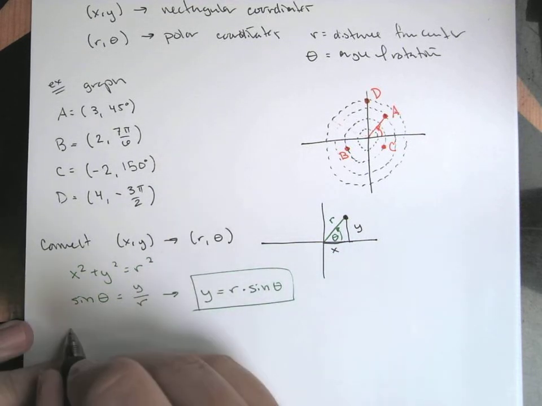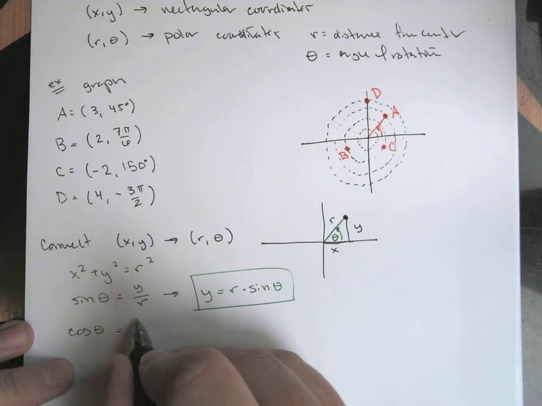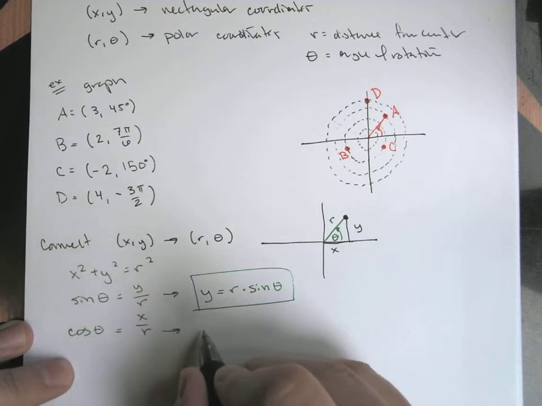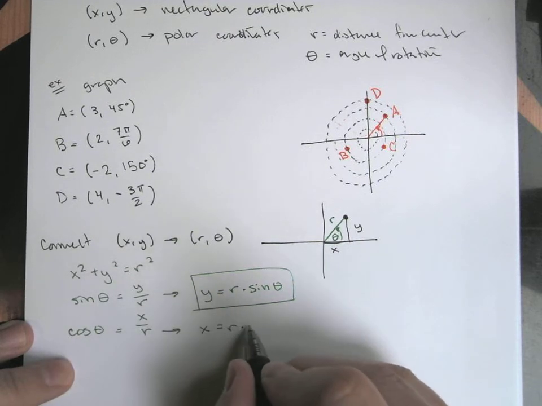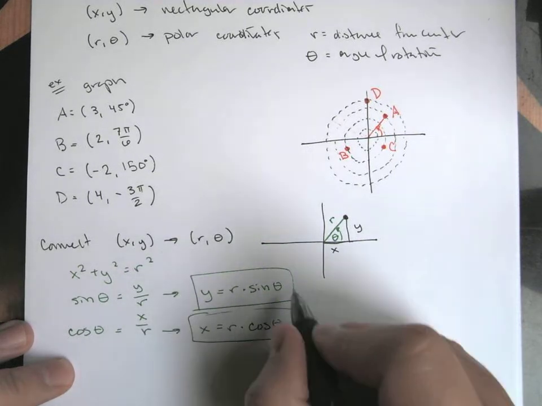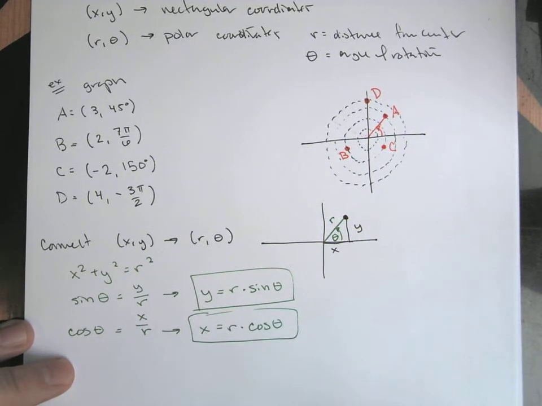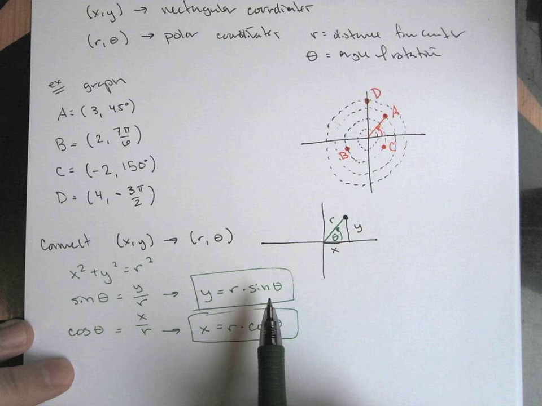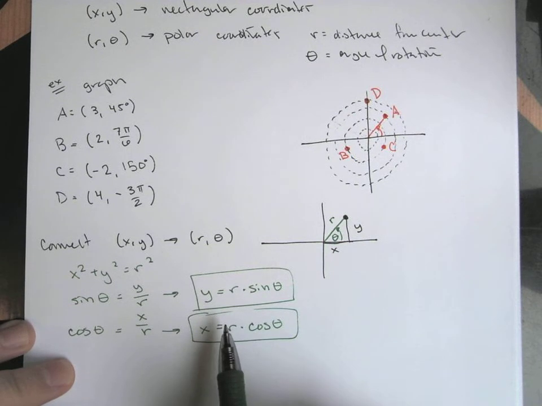Cosine of theta would be the x value divided by the radius, which means the x coordinate itself would be the radius times cosine. So these two give me a way to go from a radius and an angle to an x and a y.